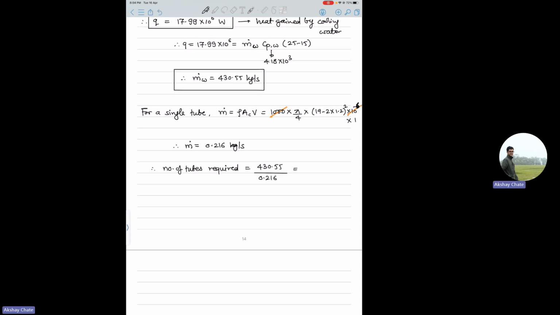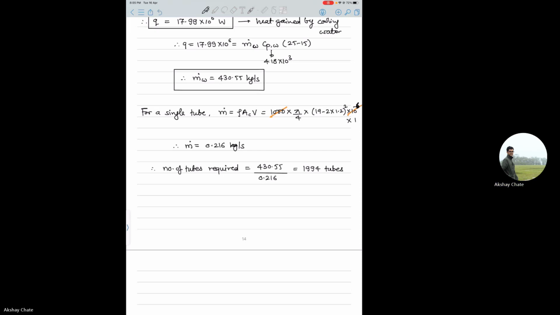So you get 1994 tubes. So you need almost 2000 tubes. So that is one thing. This number is like exactly 1993.28, so you have to round it off to the next higher digit. So that is 1994. So this is one part, that you need this many tubes.